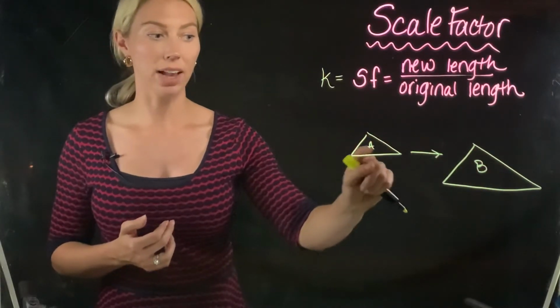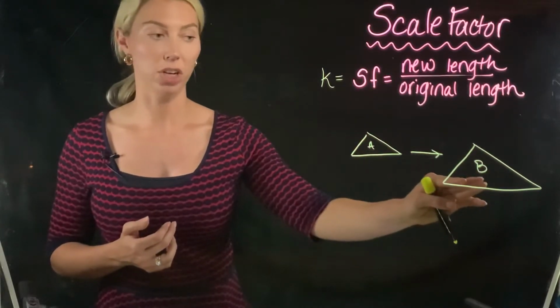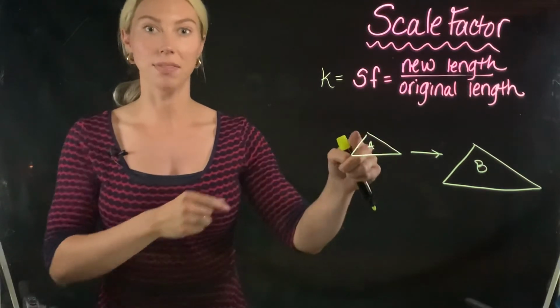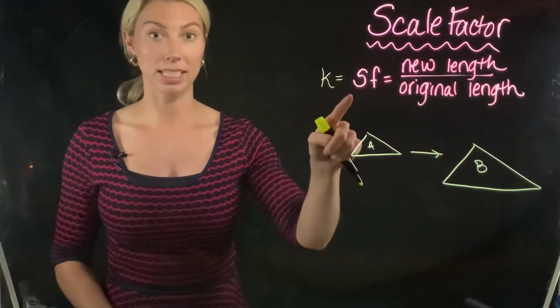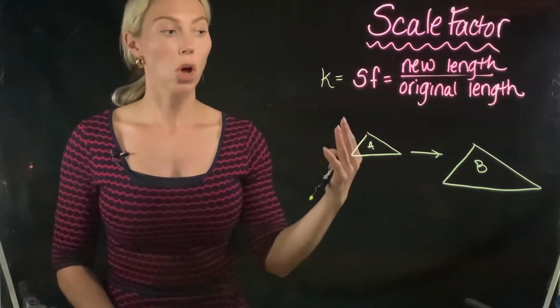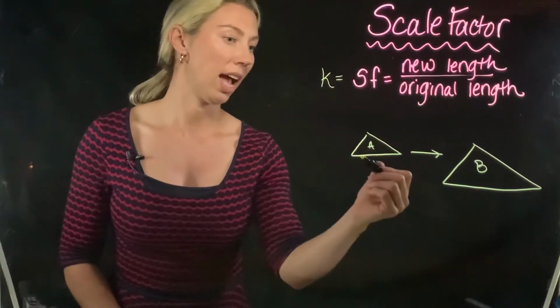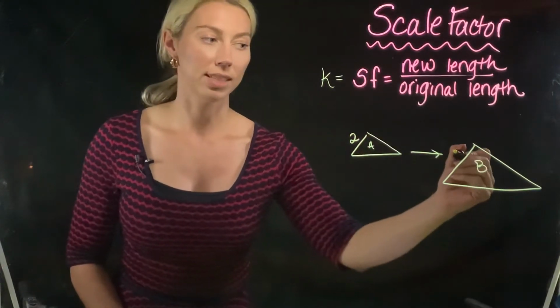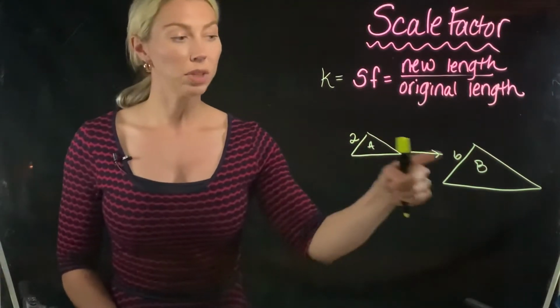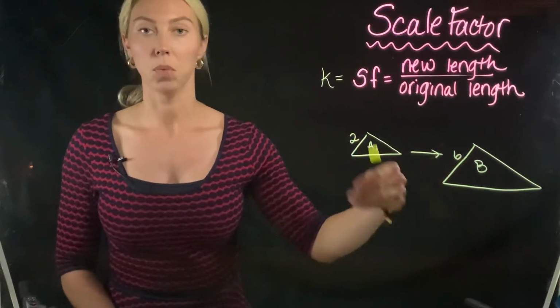All of the angles are still the same in my new figure. It's just that the lengths of the sides have increased, or sometimes decreased, by a specific factor. So if this one had a side length of 2 and this one had a side length of 6, then you could say that the scale factor was 3.